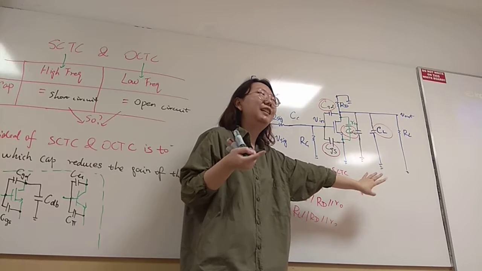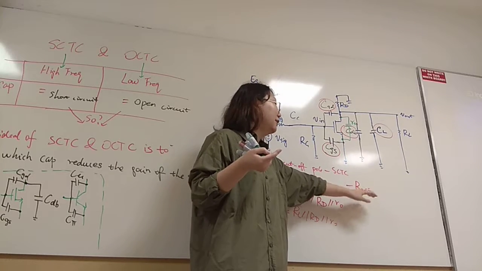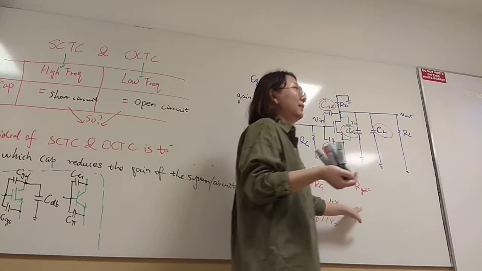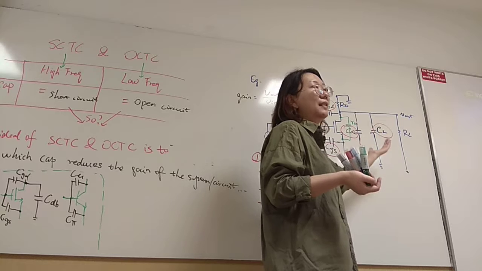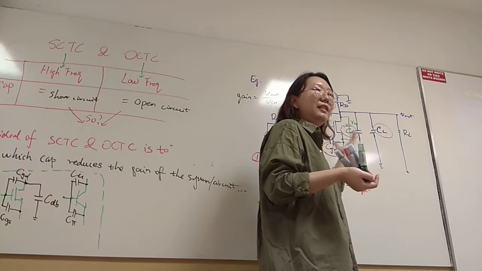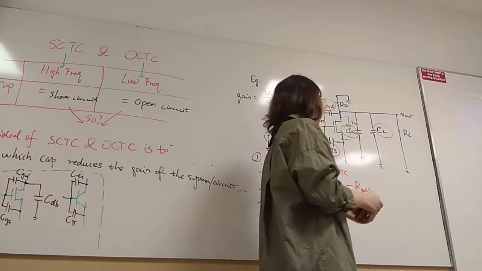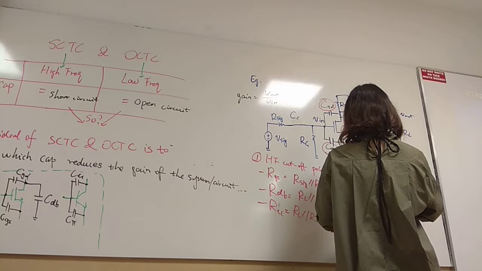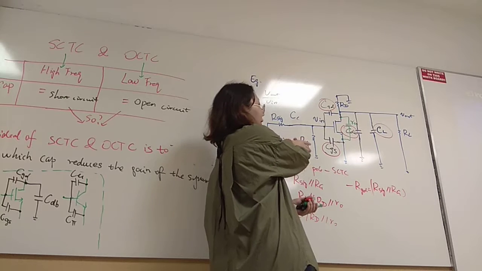Now I'm telling you, because after you do the circuit analysis, you will realize that the outcome always has a certain pattern. So the resistance seen by CGD is usually the input side resistance plus the output side resistance plus gm times the input side and output side resistance. The input side resistance is R signal parallel with RG.